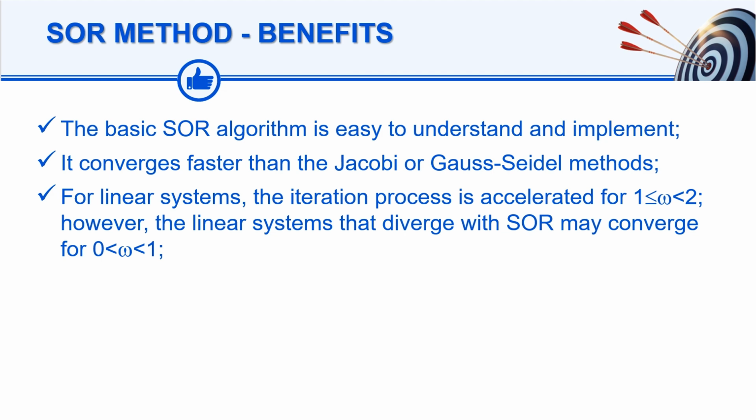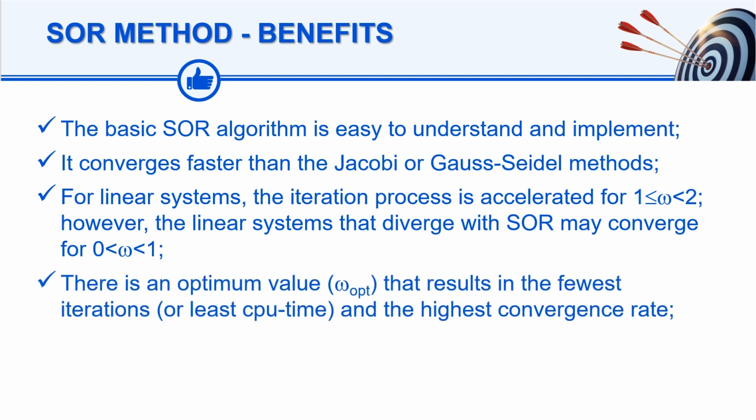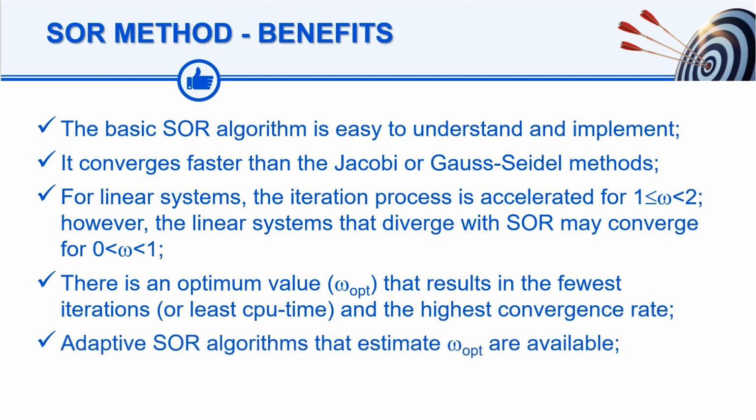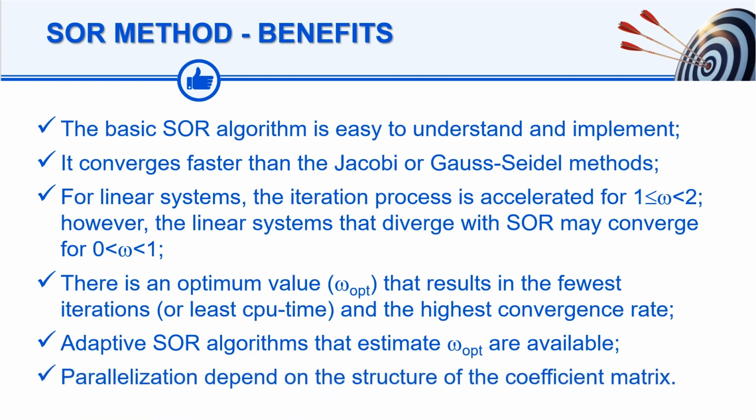There is an optimum value that results in the fewest iterations, or least CPU time, and the highest convergence rate. Adaptive SOR algorithms that estimate omega optimum are available. Parallelization depends on the structure of the coefficient matrix.